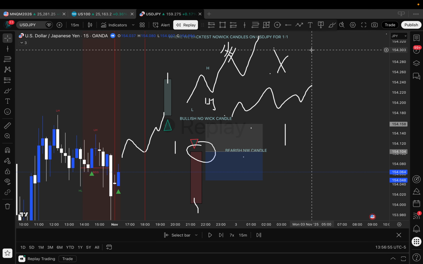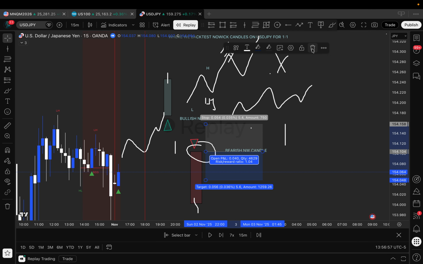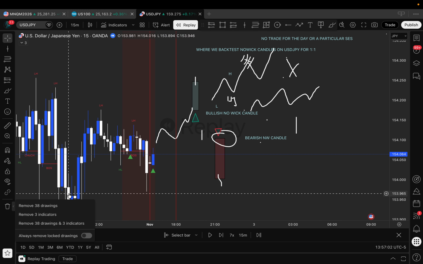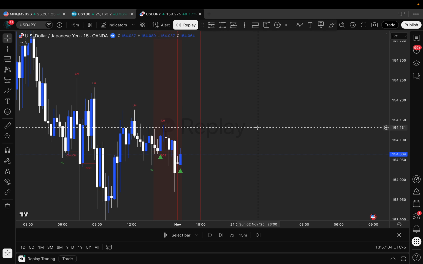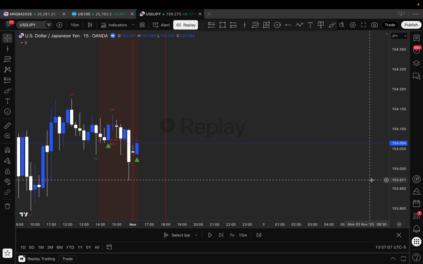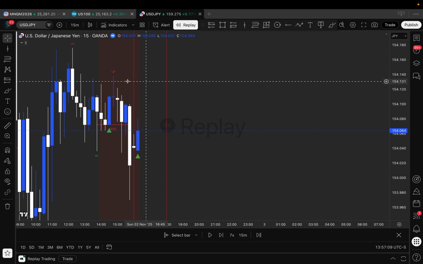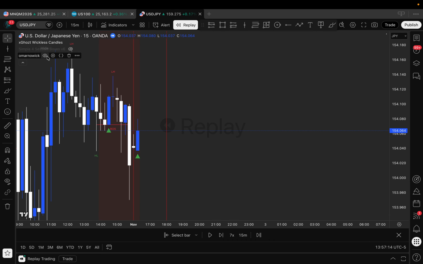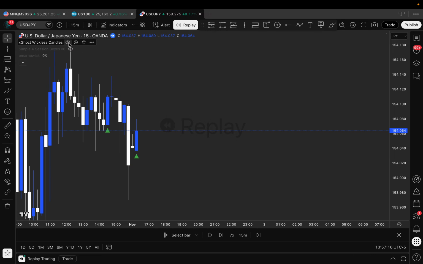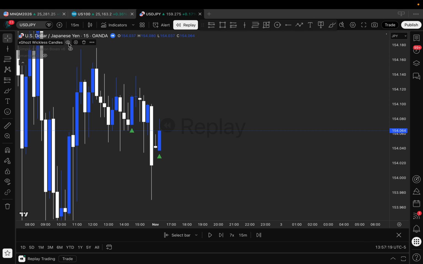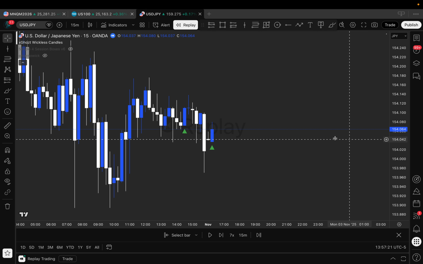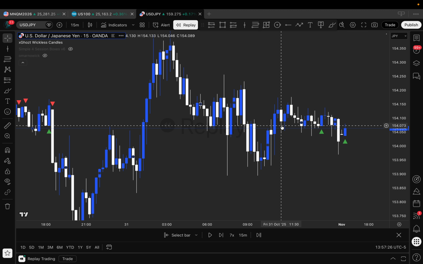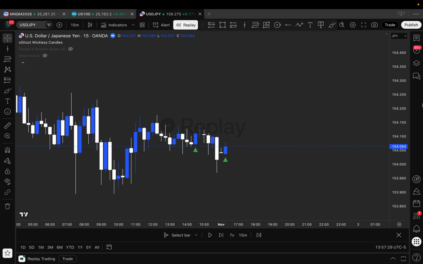We won't confuse ourselves, and I don't want to confuse you. Let's clear this. We will be directly testing things and use this indicator which we have here. This is the Omar No-wick indicator, similar to the XGhost No-wick candles, which gives us the No-wick candles in the trade.